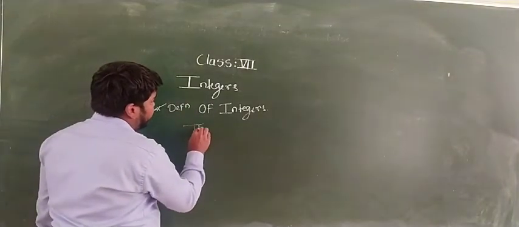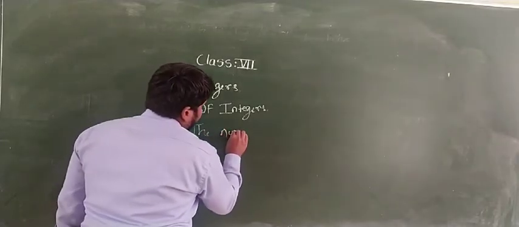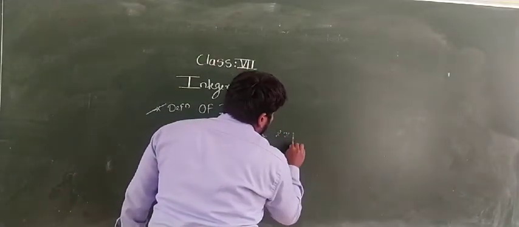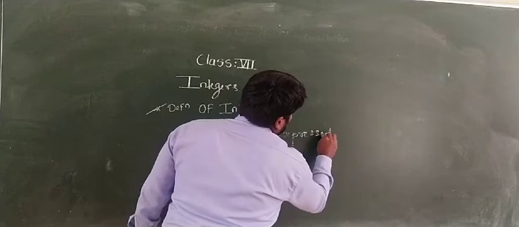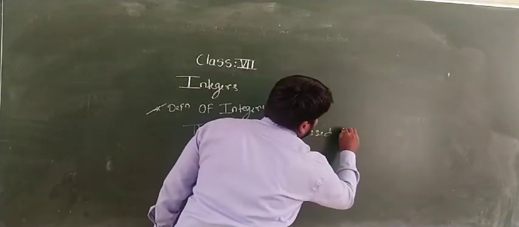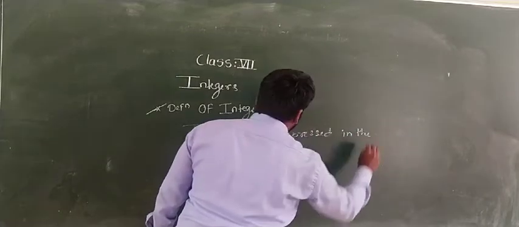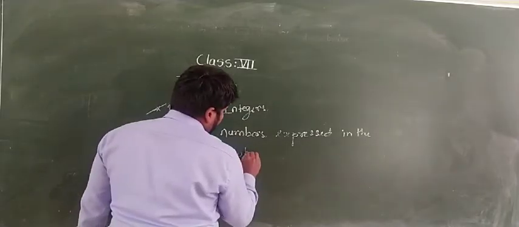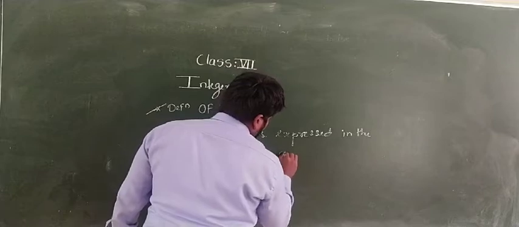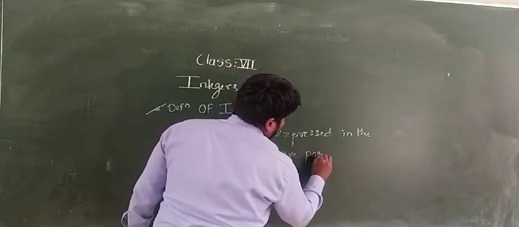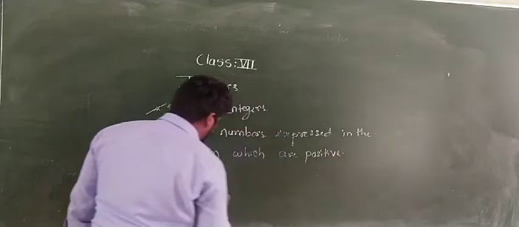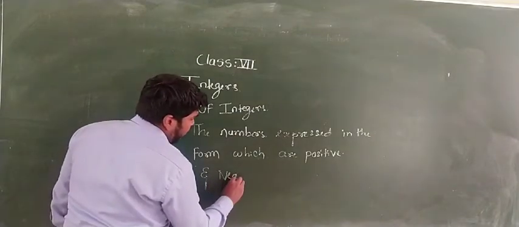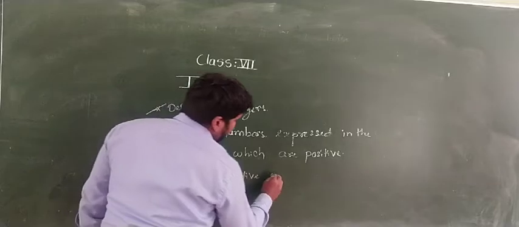The numbers expressed in the form of which are positive and negative, including zero.